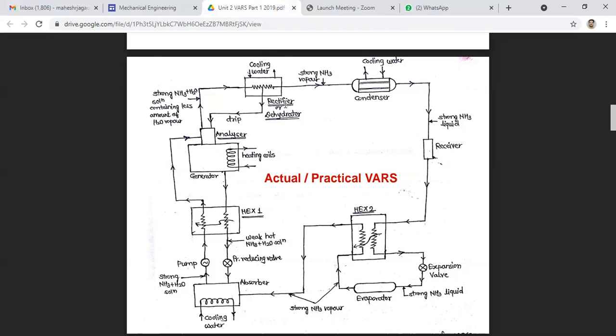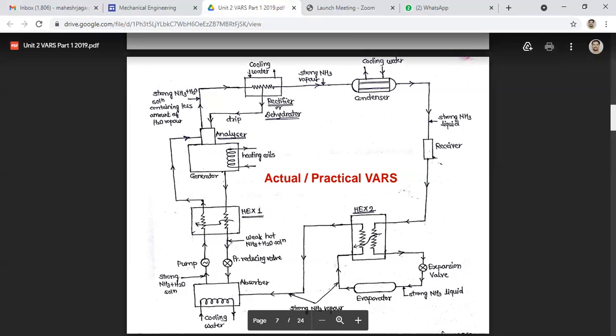So the analyzer, rectifier, and two heat exchangers have been introduced in this cycle. These accessories help to improve the performance of the cycle. Now one by one we are going to see the application and how it works.